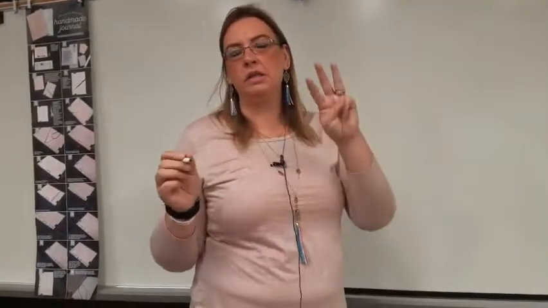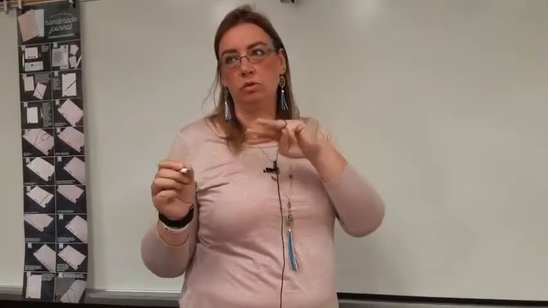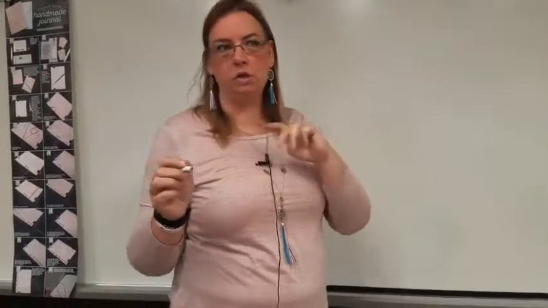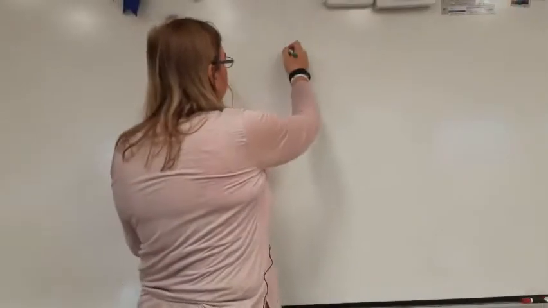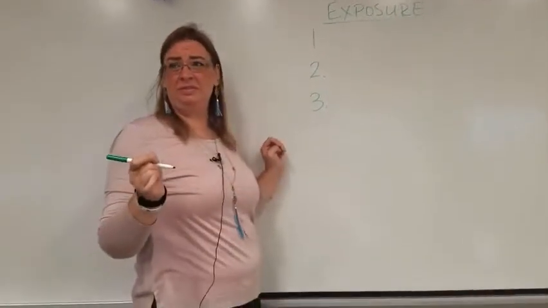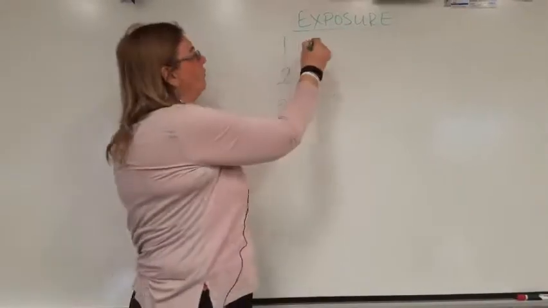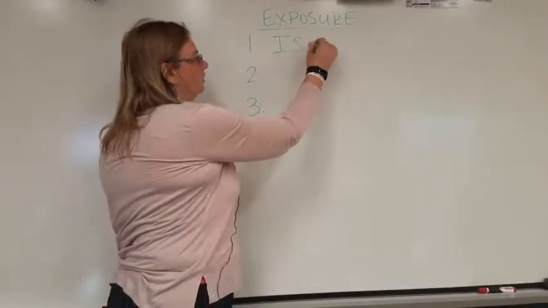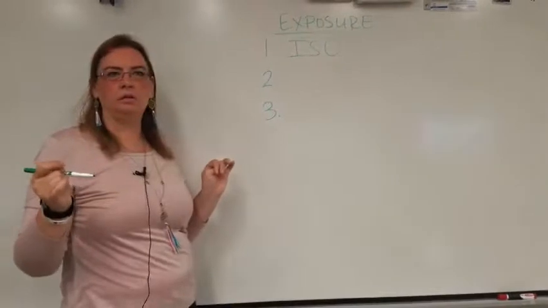So we're going to review the 3 things that affect exposure in your photography. So there are 3. All right, somebody tell me one of them. ISO. ISO is one. What is another one?